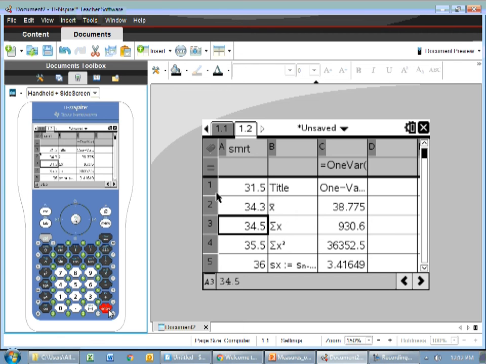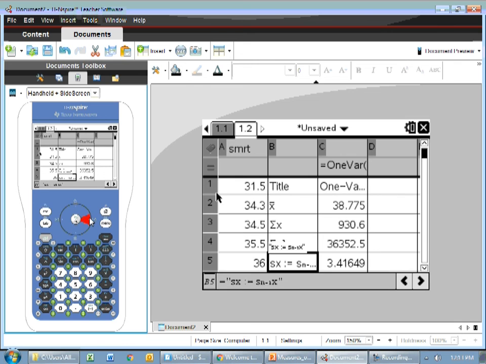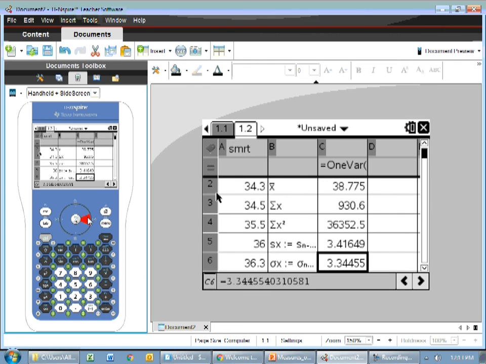Now the other thing that we needed was the standard deviation. Is there a difference in the way you calculate a sample standard deviation versus a population standard deviation? Yes, because one has the n, the other one has the n minus 1. And so you'll notice, as you scroll down here, we have both an S and a sigma.